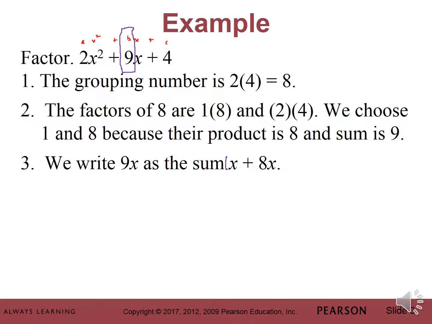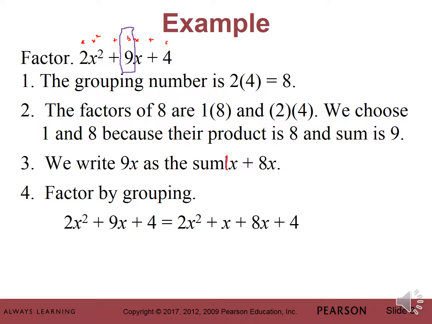And then we're going to factor by grouping. So we're going to go back to that method that we've learned, factor by grouping. To factor by grouping, we're going to take those 4 terms, right? That's the method that we always use when we have 4 terms and we're supposed to factor something.